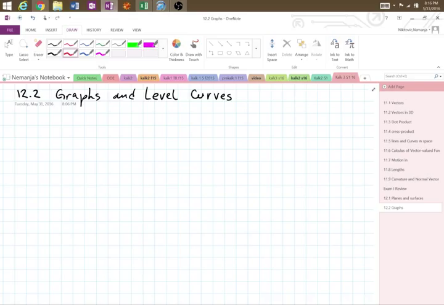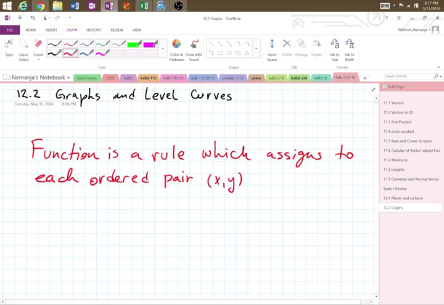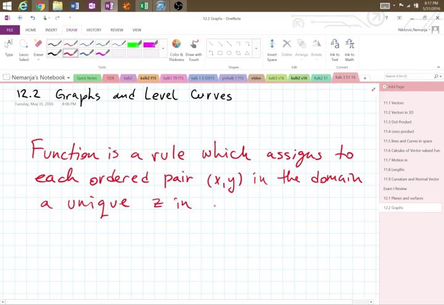A function is a rule which assigns to each ordered pair xy in the domain a unique z in the range.